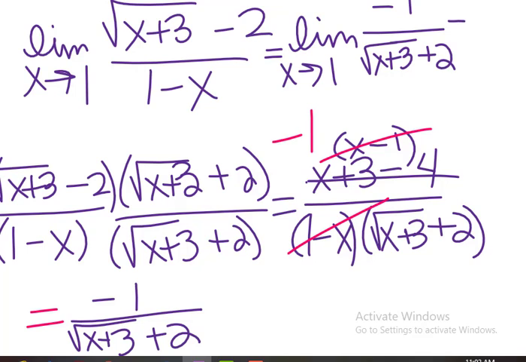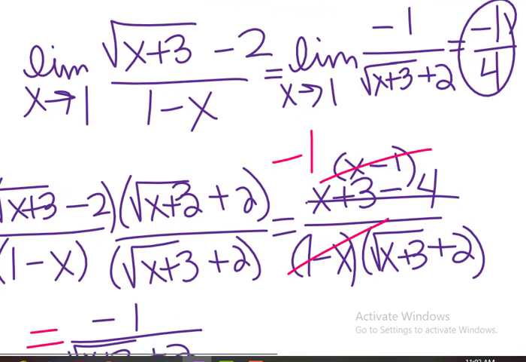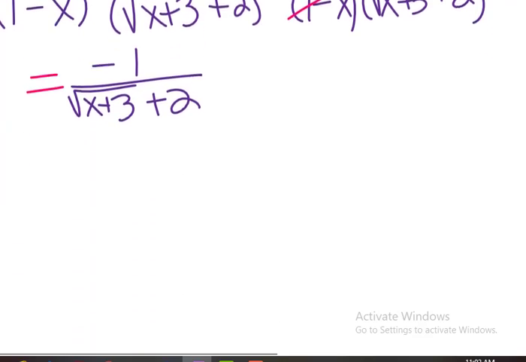And when I put 1 in, I end up with a negative 1 over 4. Negative 1/4 will be the answer to this limit. All right, let's move on. This was, I should label them, number 2. Let's move on to number 3.